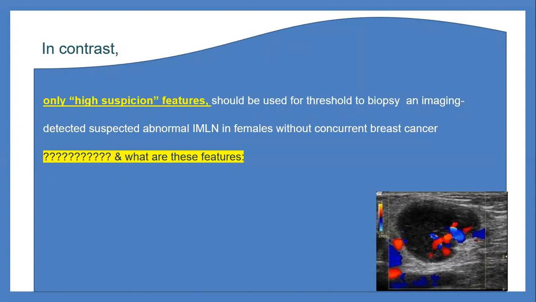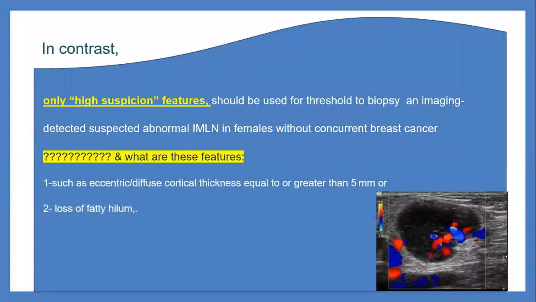And also the increased vascularity, especially if there is vascularity within the cortex. Cortical vascularity. I think this is the most important.